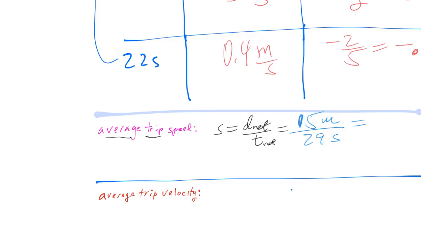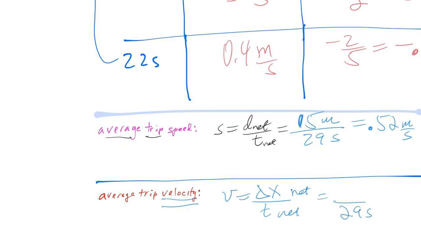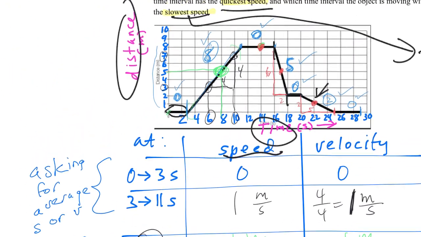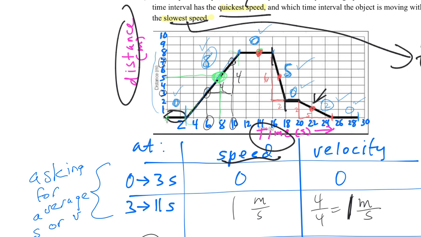And I get 0.52 meters per second. Okay, what's the average trip velocity? Velocity is the net displacement over the total time. So total time is still 29 seconds. The net displacement, okay, here's how you do it. You go from the starting position to the finish position.